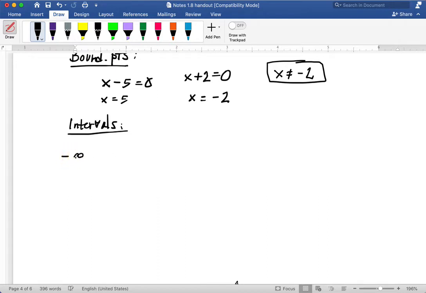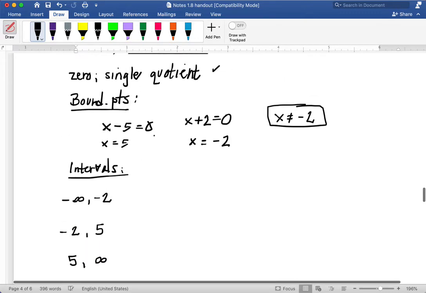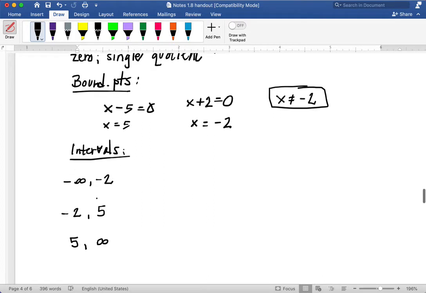So negative infinity to -2, and then the middle, -2 to 5, and then the end, 5 to infinity. It's greater than, so I got parentheses on everything. I'm considering my restriction that it can't be -2, and that's okay because I have a parenthesis on -2 anyway.